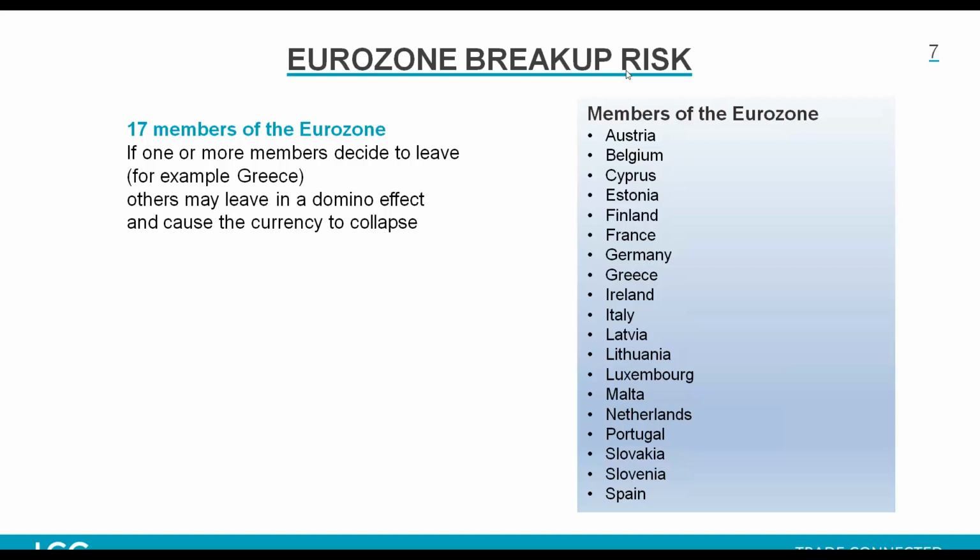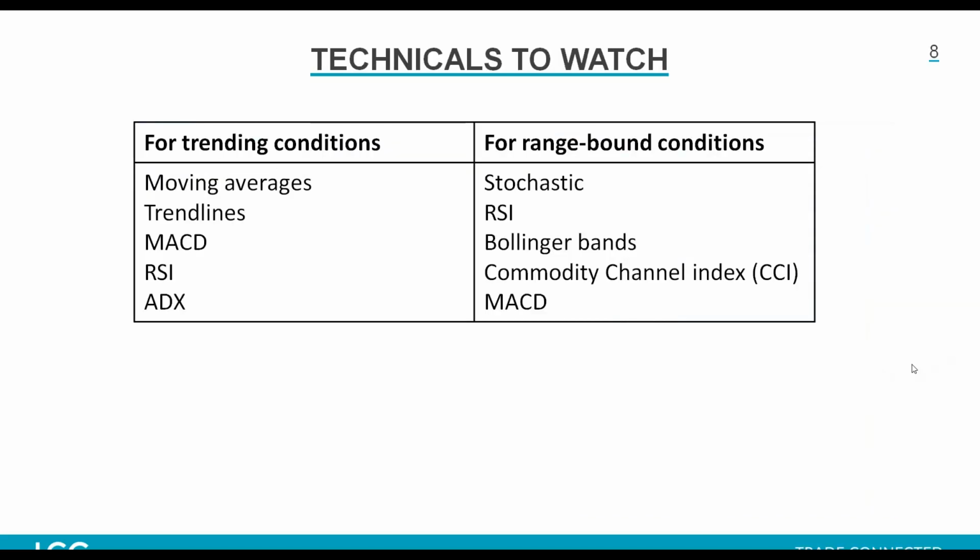That was a genuine risk to the actual existence of the euro. So they were calling it an existential risk to the euro. Some of these political events, and the euro lost value because of that. So it's not a day-to-day factor, but it's a reason to pay particular attention to certain things happening within Europe.